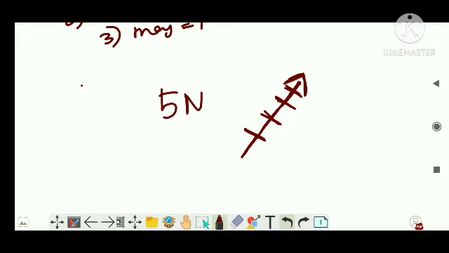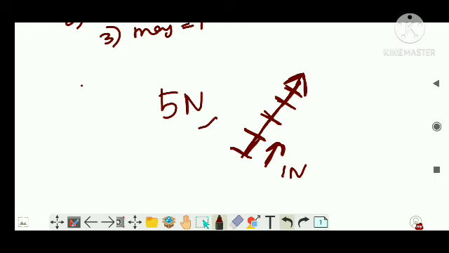There are 5 parts. Equivalent to this, I am drawing another one near it, that is 1 Newton. It has only this much part as its length, obviously that is 1 Newton.